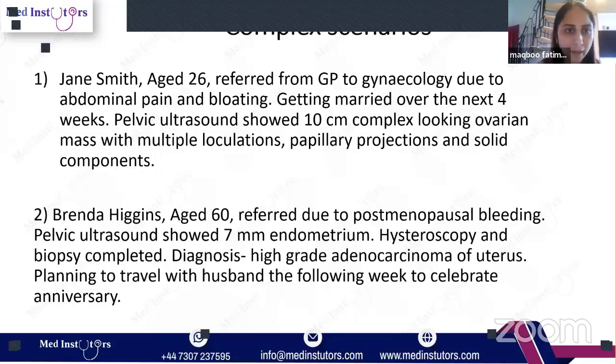We will take that mass along with that ovary, and we will check the other ovary and the sides of the ovary as well. If you opt to just want removal of the mass and ovary, then we will remove that mass and ovary, and we will take samples from any suspicious area, and then we will close you.